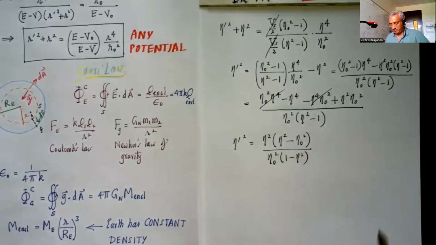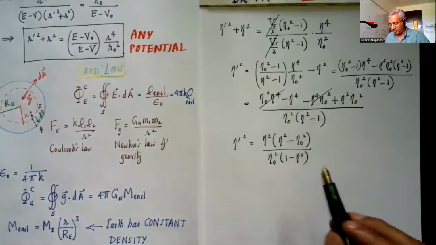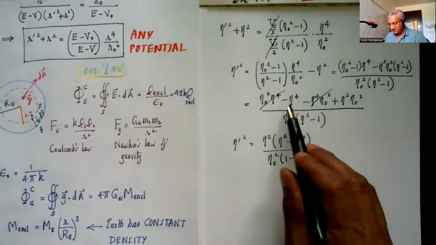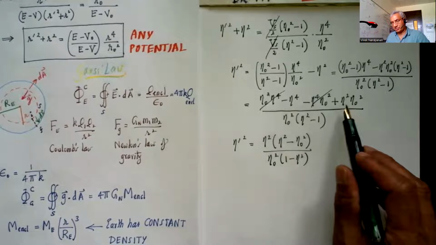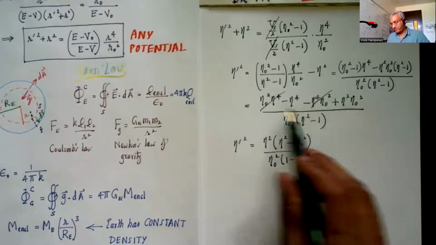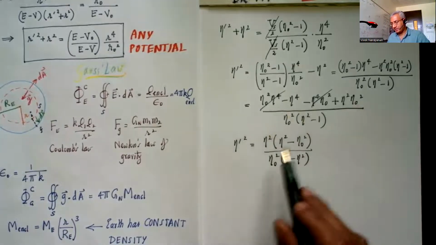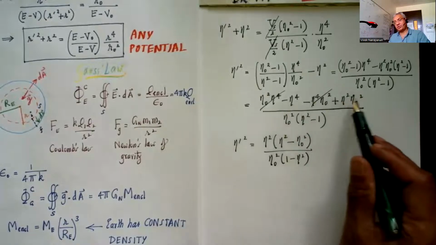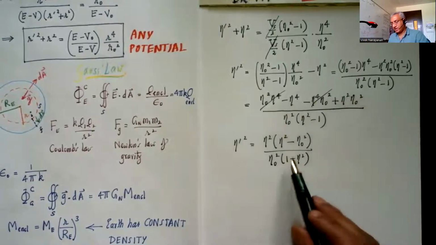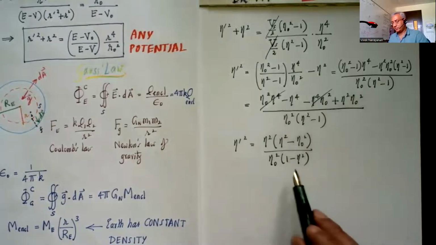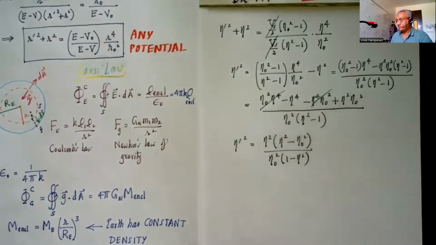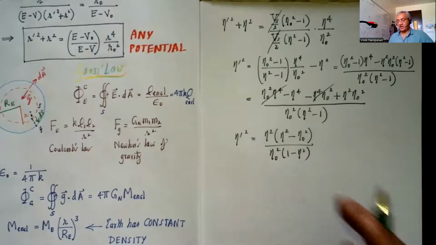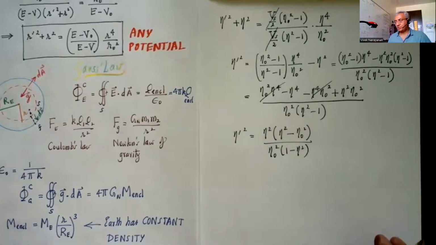So once again, it should be negative eta to the 4 plus eta squared eta naught squared. I've taken a negative sign outside from both the numerator and the denominator. So this becomes positive eta to the 4 minus eta squared eta naught squared, and this becomes 1 minus eta squared. So that's our equation. And now we can substitute this back in our original integral.